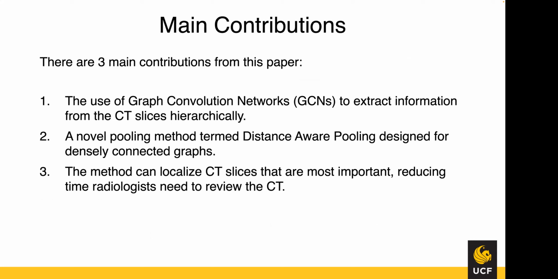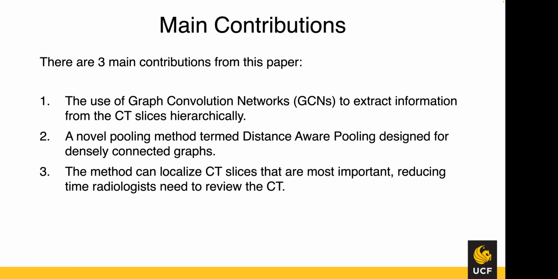Okay, so there are three main contributions from this paper. The first is the use of graph convolution networks to extract information from the slices in a hierarchical manner. The idea is that sometimes the slices are ordered by depth, which ones are closest to each other, but in some diseases you may actually have relationships between slices that are not right next to each other, and that can be important.